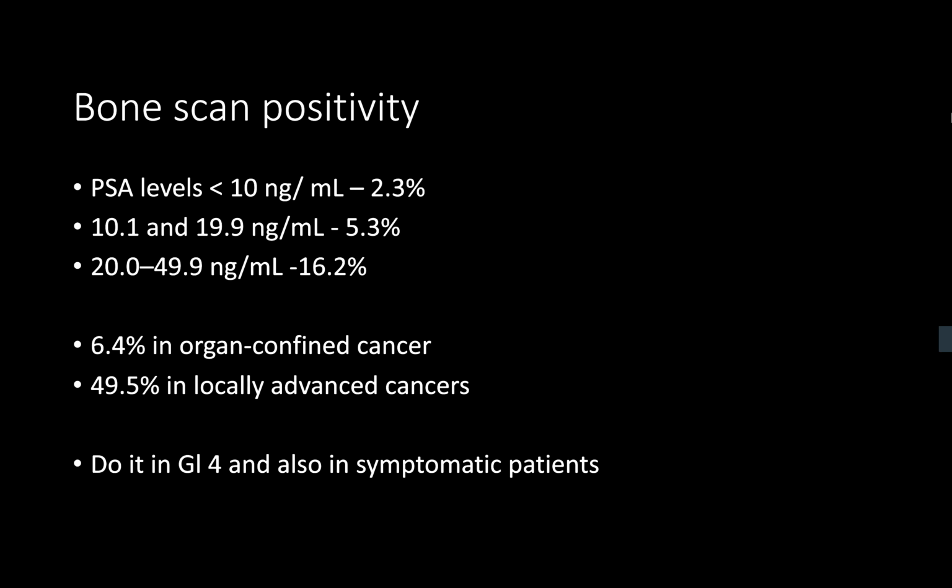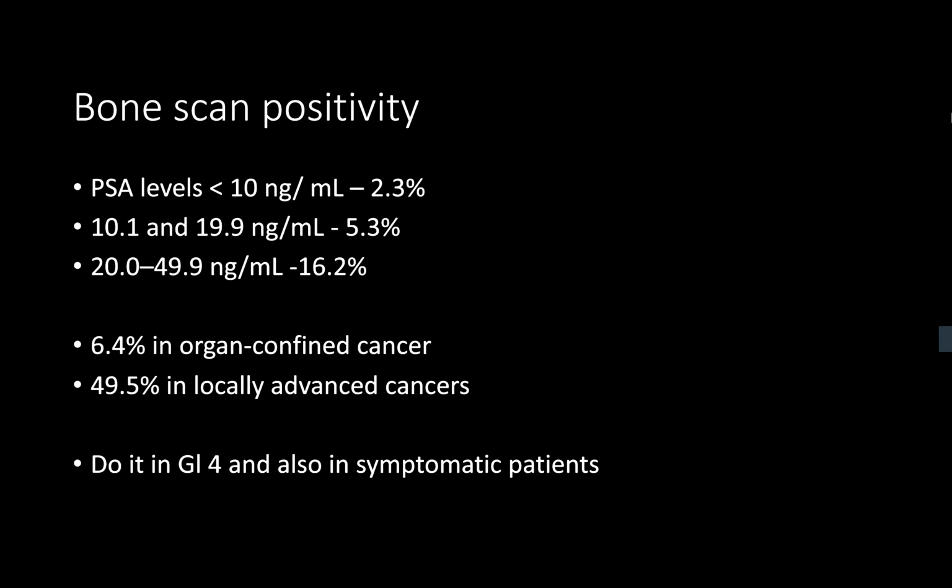So after that, we can proceed. Sorry, I couldn't understand. Is the question about any further investigations? Yeah, any further staging investigations? A bone scan is very unlikely to find anything, and in this case, CT thorax, abdomen, and pelvis should be the next investigation.